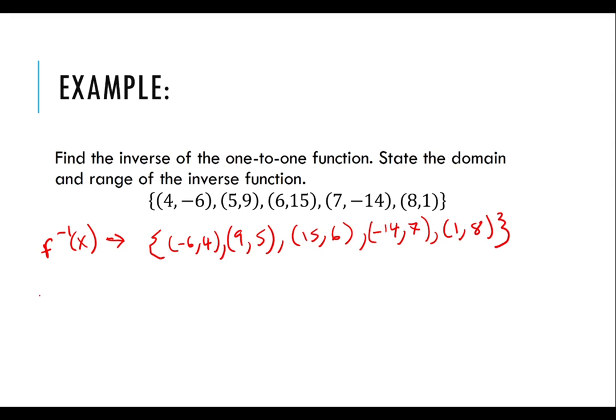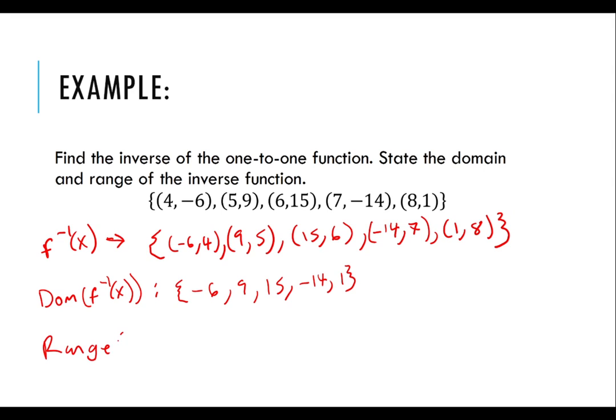Then, if I want to find the domain and range of the inverse function, then the domain is going to be negative 6, 9, 15, negative 14, and 1. And the range of the inverse will then be 4, 5, 6, 7. And so the inputs and the outputs swap, that's all.